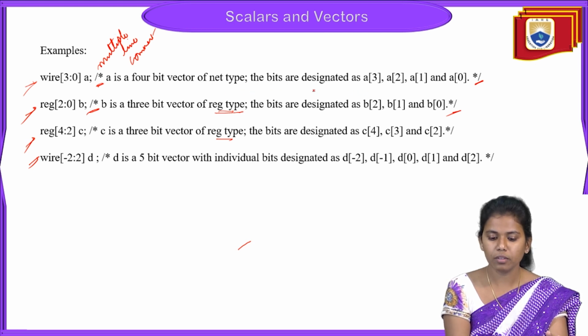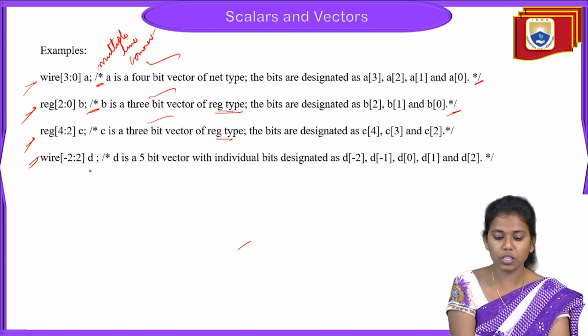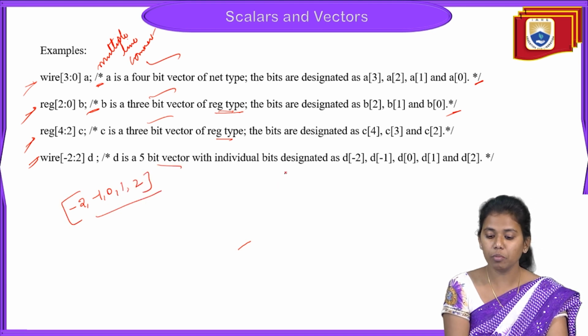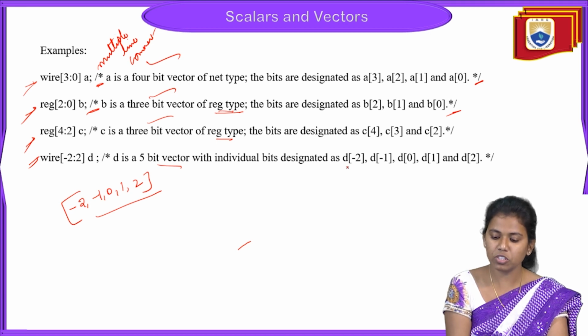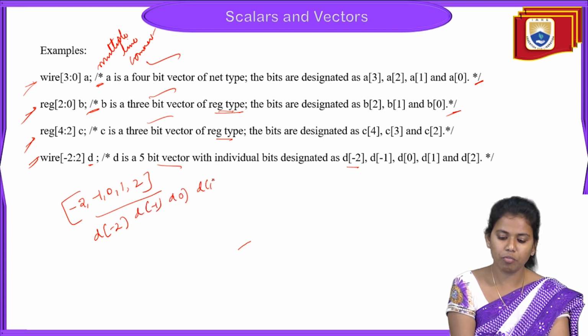And [-2:2] D means -2, -1, 0, 1 and 2, so this is a 5-bit vector with individual bits designated as D of -2, D of -1, D of 0, D of 1, D of 2.